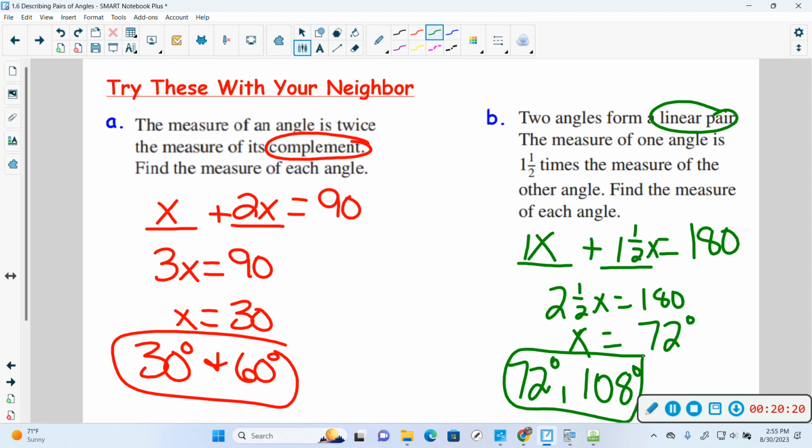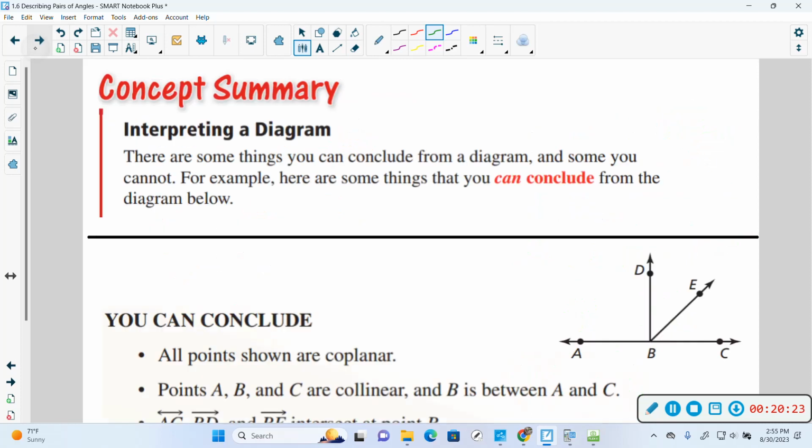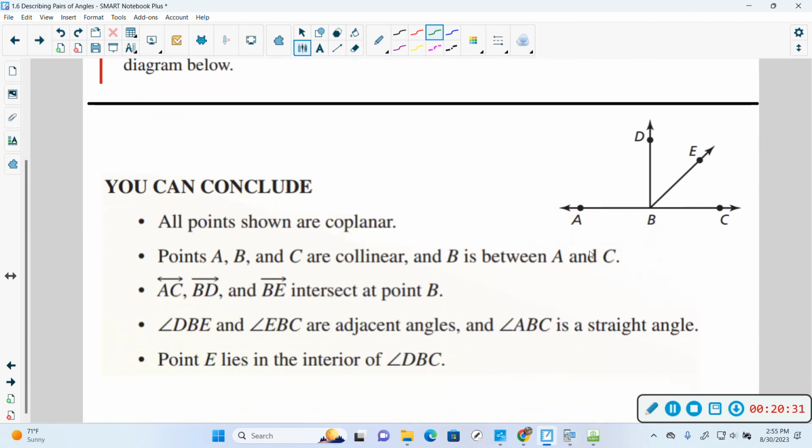Okay, last thing, we just gotta look at these pictures, and I'm gonna give you a spiel here. I know we always love that. Let me scroll it down here. The last thing on the very back of your notes is really: you can't assume anything on the picture without them specifically telling you or having marks on the picture.